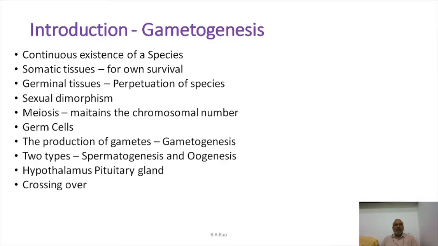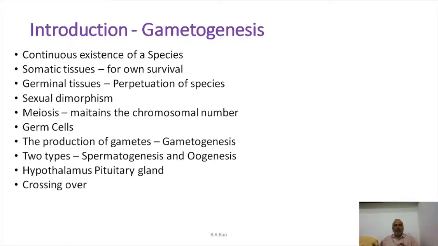The germinal tissues develop gametes, and these gametes have half the number of our chromosomes. In order to maintain the chromosomal number constant in the entire race, they carry our genome and they meet with, or fuse with, the gamete of the opposite sex, and form a zygote.